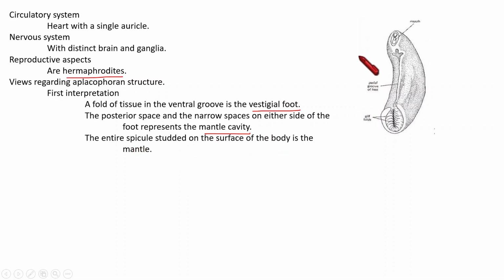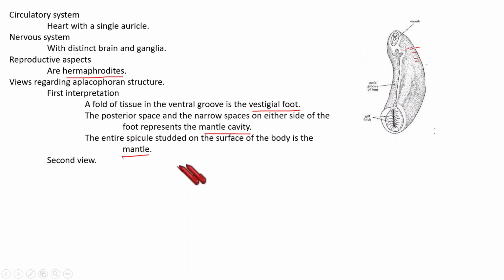Then we have already seen that some spicules extend throughout its body. These same scientists consider those spicules as the mantle. So in that way they say that this Aplacophora possesses a foot, a mantle cavity, and a mantle. That is the first interpretation.